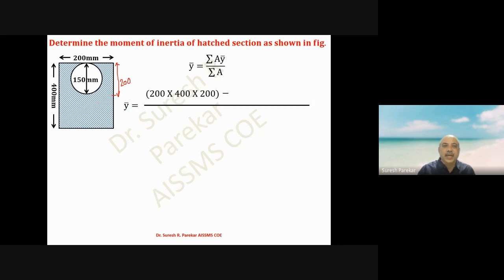Now we have to subtract this because we have cut it from the rectangular section, and that we have pi by 4 into 150 square, pi by 4 d square, into its centroid from top, which is at 75 from top, divided by 200 into 400 whole minus this circular section pi by 4 into d square, and from this we will get the value of y bar as 235.44 millimeter.